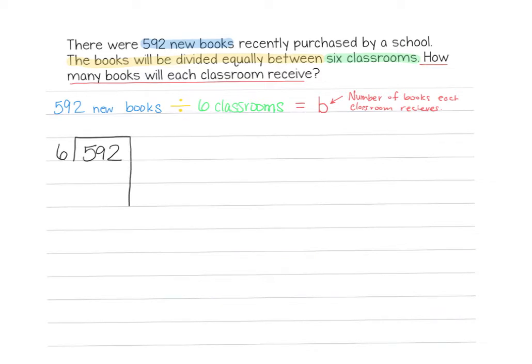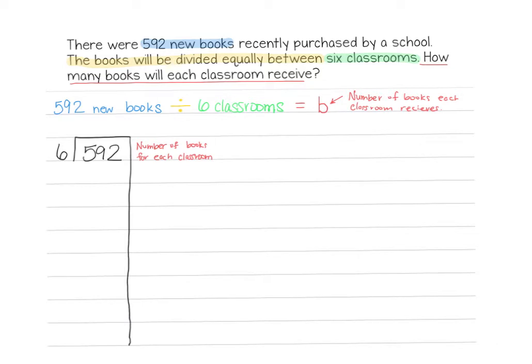And go ahead and draw a line down from here so that we can write the number of books in each classroom on this side. And then remember, over here, we're going to be taking away groups of 6 that we have already divided between the 6 classrooms. At any time, if I'm going too quickly, go ahead and pause the video.